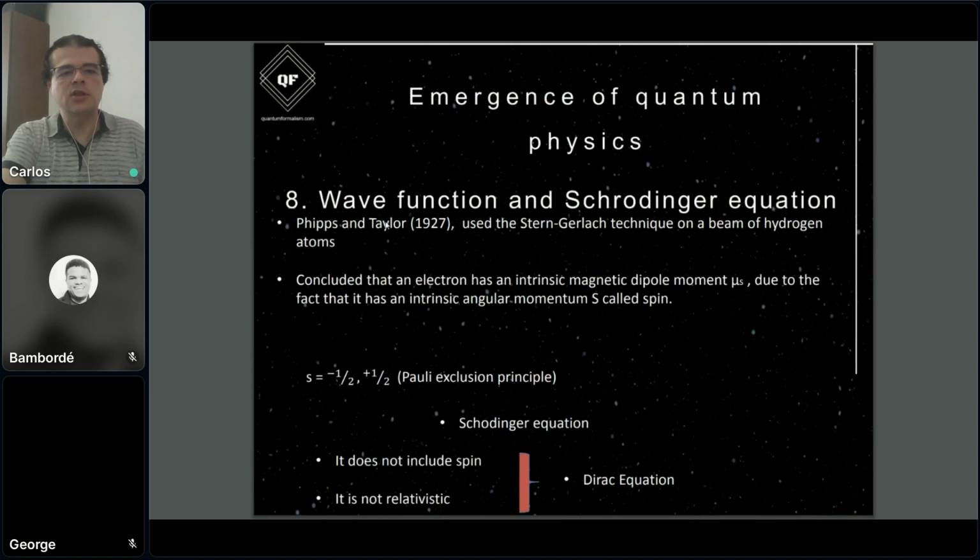Phillips and Taylor in 27 used the Stern-Gerlach technique on a beam, but now using hydrogen atoms, and concluded that there is another important quantized quantity, which is called spin, and has a quantum number associated with it, which in the case of the electron can be plus or minus 1/2. This is related to the Pauli exclusion principle.